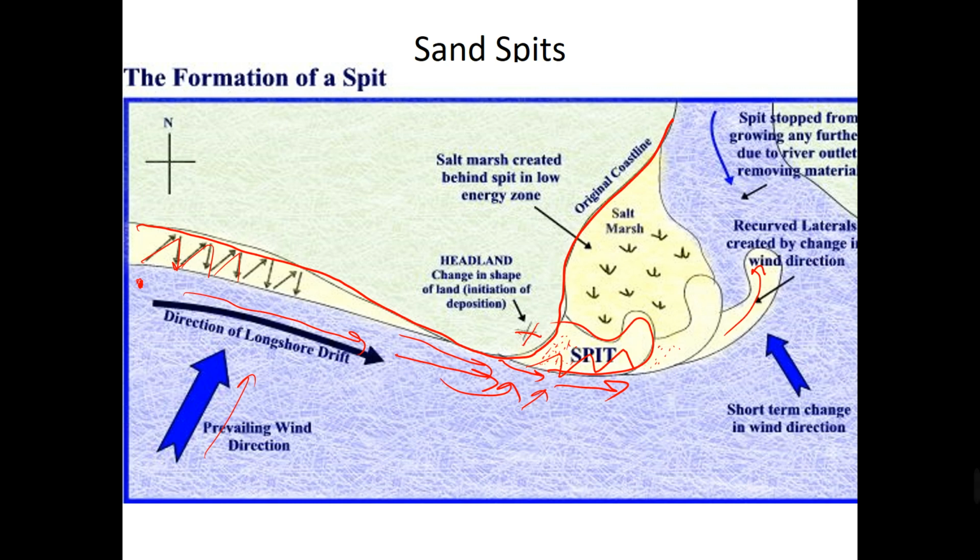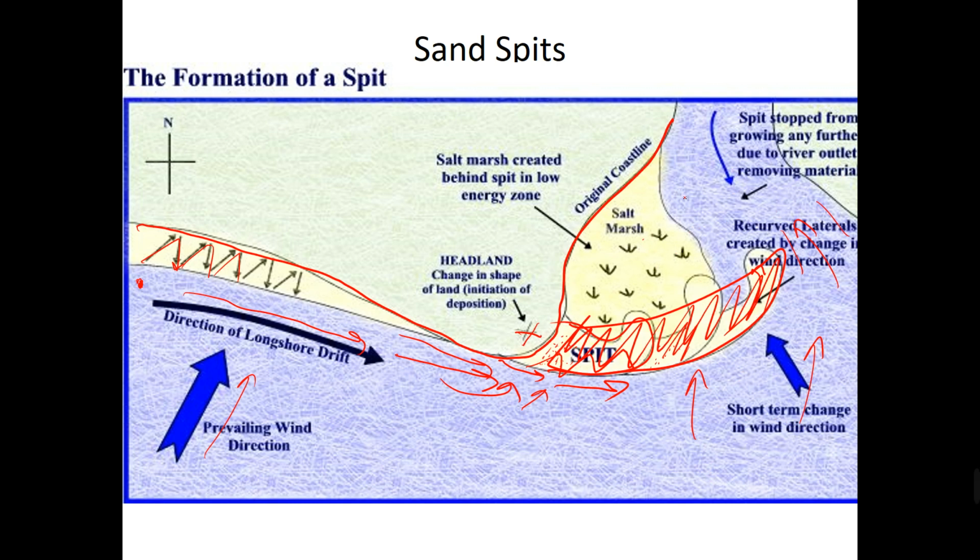Anything else we want to talk about there? Oh yeah, the area behind it. So here's your sand spit, and eventually say it's gone this big here. The sea can no longer have easy access in and out, because it's now being blocked by the sand spit. And there's only a narrow channel that the sea can get in through now. So the sea cannot remove all of the material that's building up behind the sand spit.